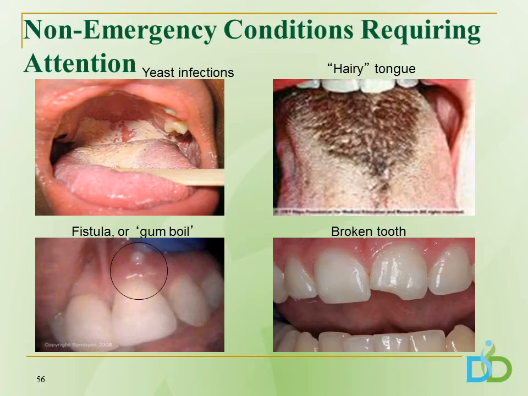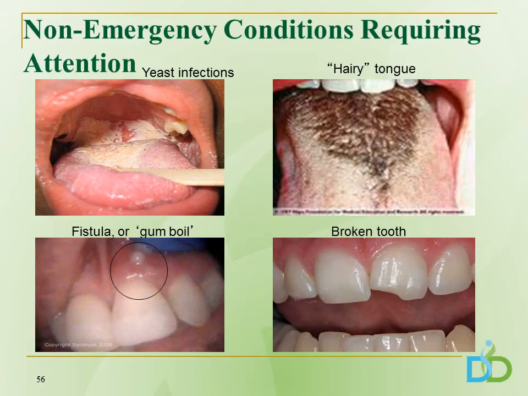Another example is a gum boil or fistula. It's a pimple-like opening on the gums near a swelling of the gums above or below the teeth. This occurs when there's a chronic, long-term, untreated tooth infection. It usually does not cause pain because there's drainage of the pus and the pressure doesn't build up.